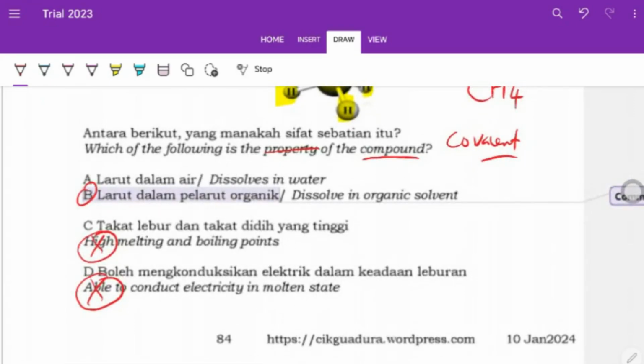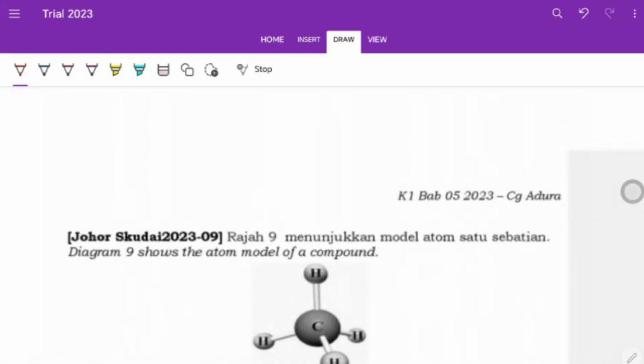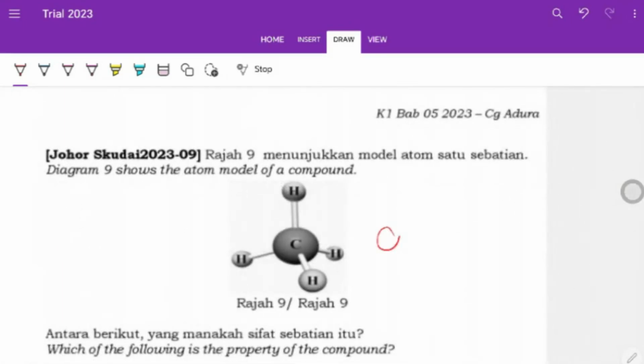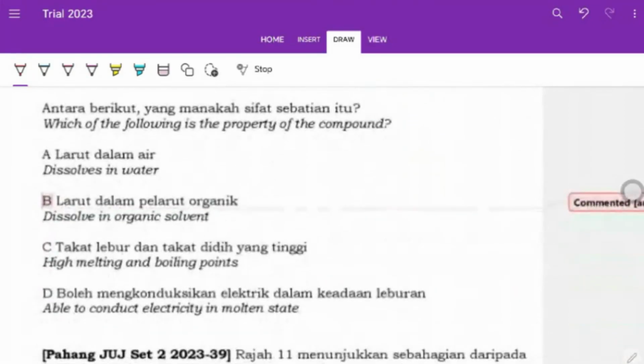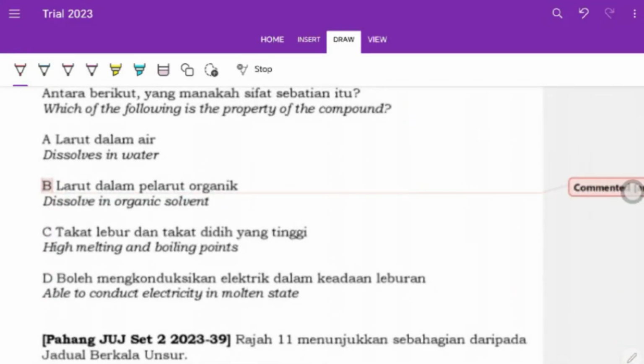Because it has no freely moving ions, or it consists of molecules. Again, exam question, CH4. Dissolving in water? No. Dissolving in organic solvent? Yes.